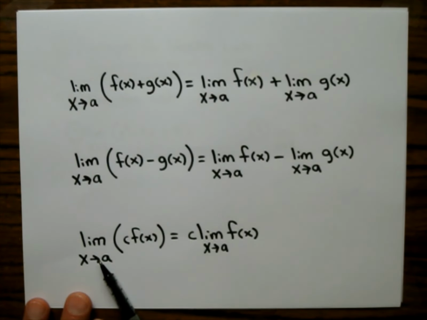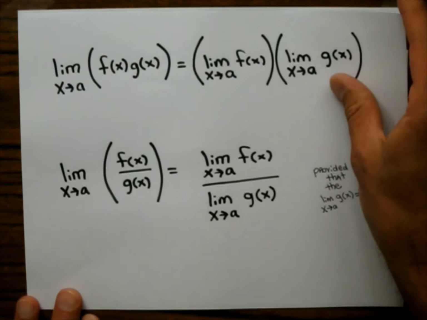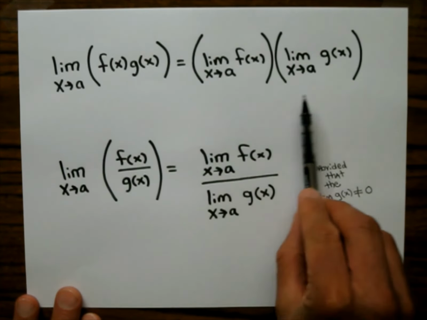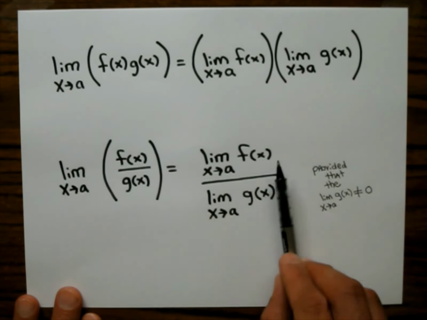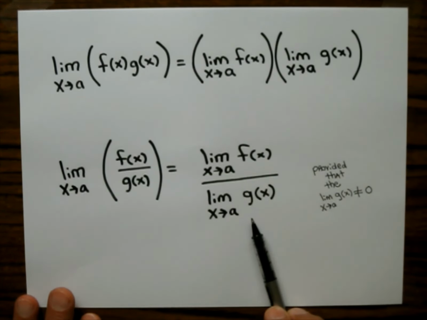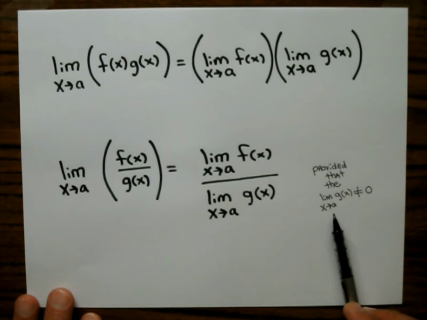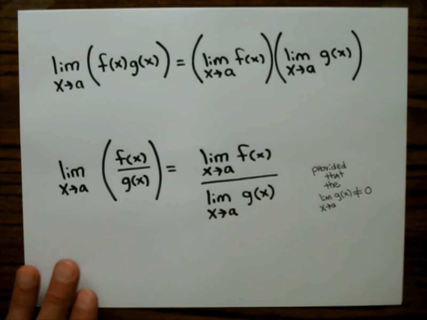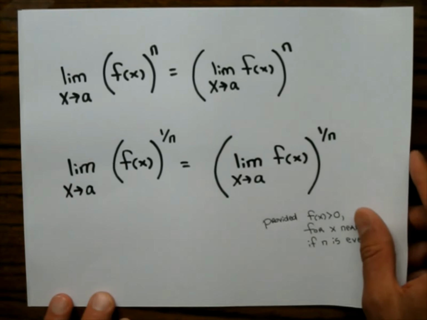The limit of a constant times a function is the constant times the limit of that function. The limit of a product is the product of the limits. The limit of a quotient is the quotient of the limits, provided that the limit of g is not equal to 0. Here's power and roots.